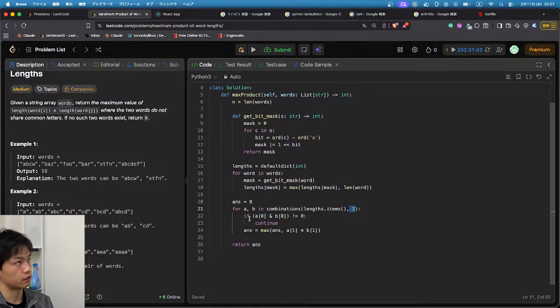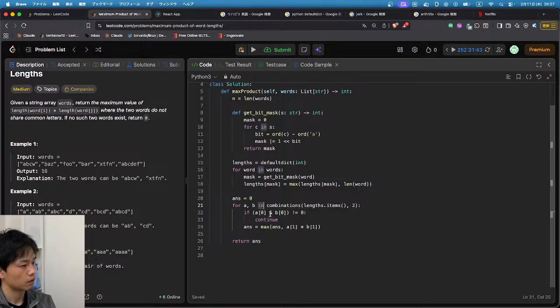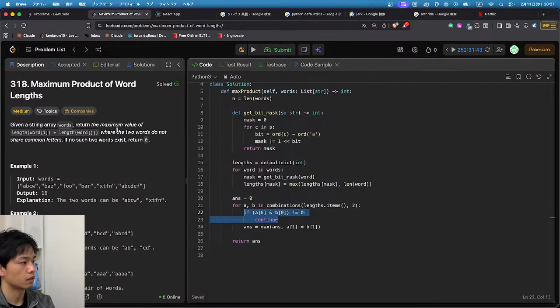So this takes n squared time complexity, right? The number of combinations is n times n minus 1 divided by 2. So the time complexity of this part is n squared, and the main problem is how to check this condition.